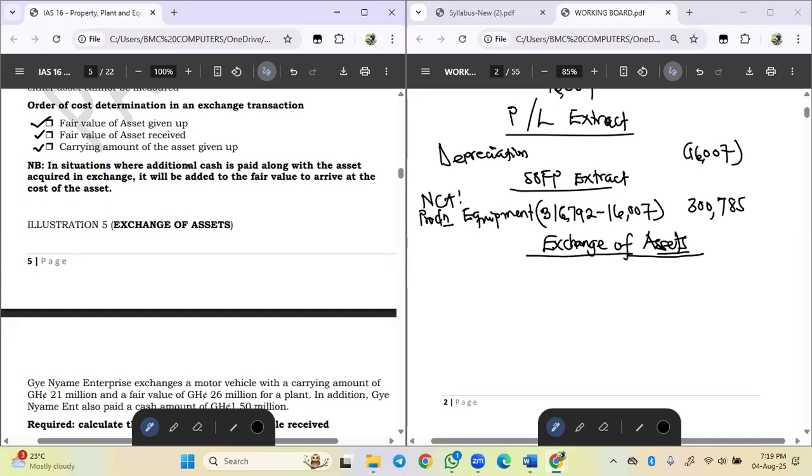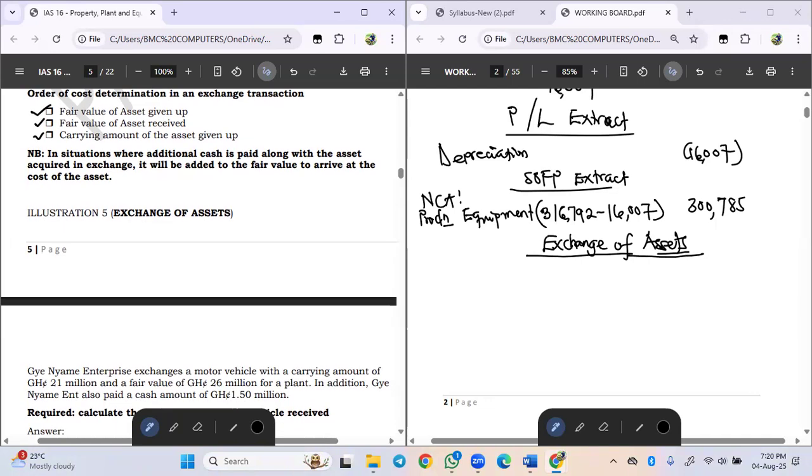It is the cost of the asset given up less its accumulated depreciation, and that gives you the carrying amount. So first, the fair value of the asset given up, the one you are giving up to acquire another asset. Second, if you don't have that, you use the fair value of the asset you are receiving. Third, the carrying amount of the asset given up. That's the last thing you use.